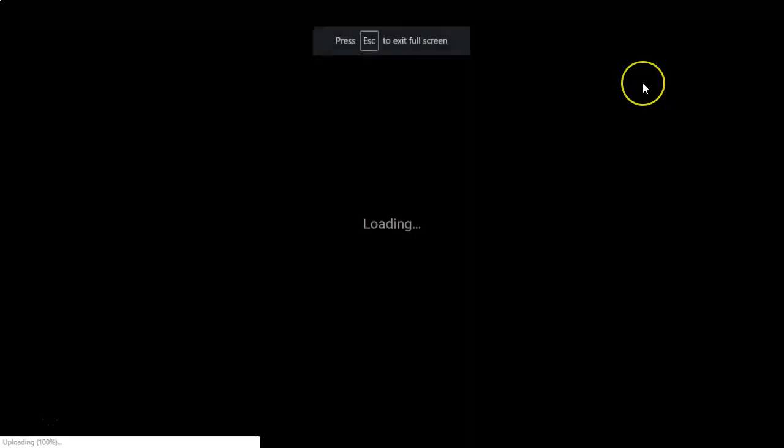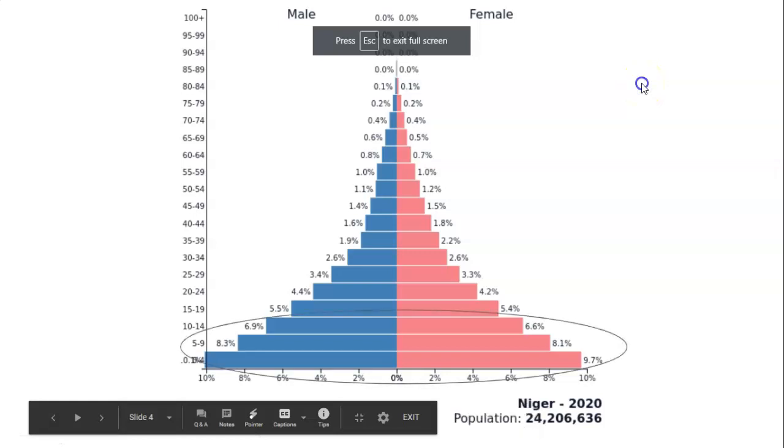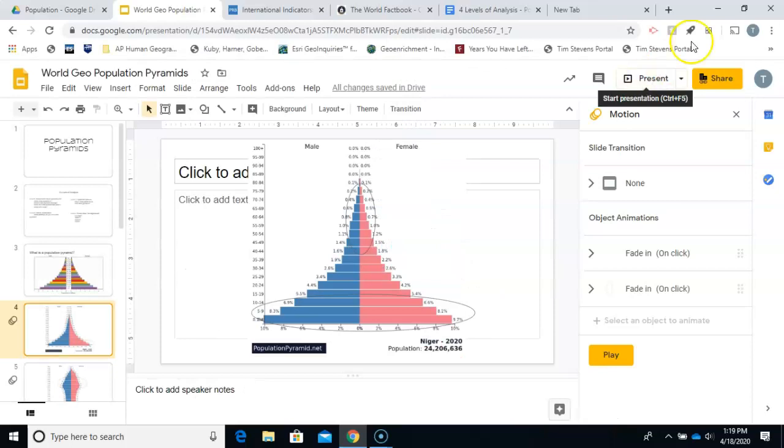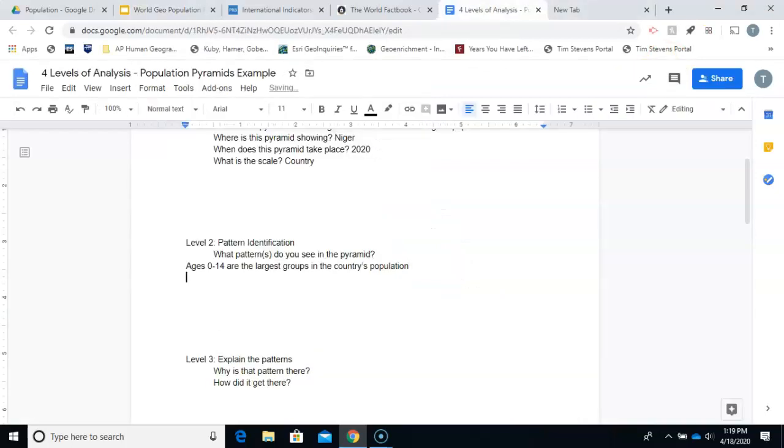Going back to my presentation here, I also look at this from 40 and up, and it's pretty vertical. Each of those age groups is pretty small in comparison to the age groups below it. They're a much smaller percentage of the population. So I'm going to notice that as well. So let's say from 40 and up are a much smaller portion of the population.